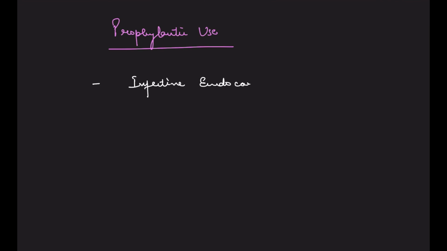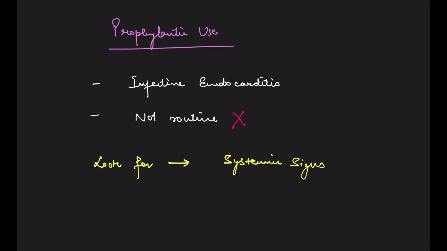Antibiotics may also be indicated in specific prophylactic situations, such as patients at risk for infective endocarditis, but only when they strictly meet the ADA criteria and not as a routine measure. So, again, the ADA logic is that antibiotics are indicated only when there is systemic involvement, risk of spread, or increased patient vulnerability.